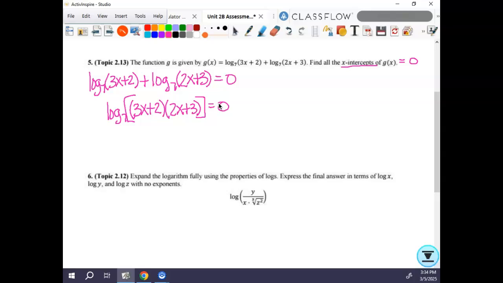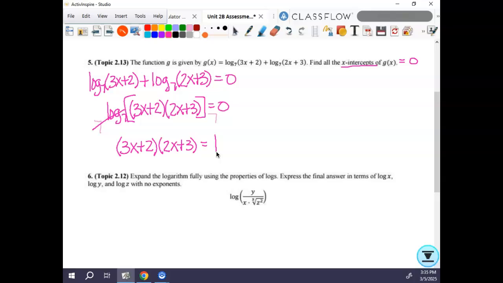My base is 7, so I'm going to make these exponents with a base of 7. These take care of each other. I'm left with 3x plus 2 times 2x plus 3 equals 7 to the 0 power, which is 1.